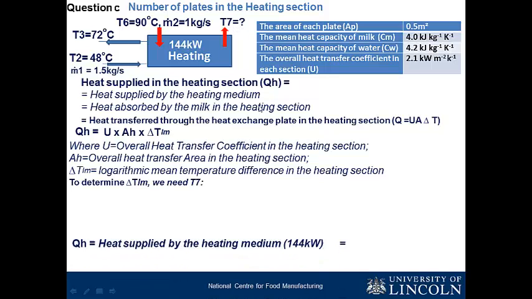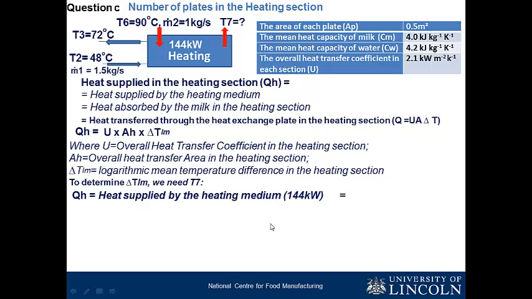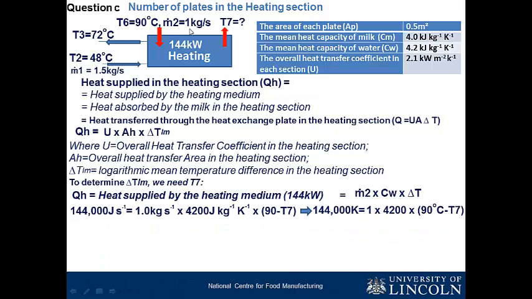So we're going to use the same principle. How do we do that? You know that the heat supplied by the heating medium is 144. That same heat supply must equal the mass flow rate of the heating medium multiplied by the heat capacity of the heating medium times the temperature difference of the heating medium. The mass flow rate of water in this scenario is 1, so the heat supply is 144,000.